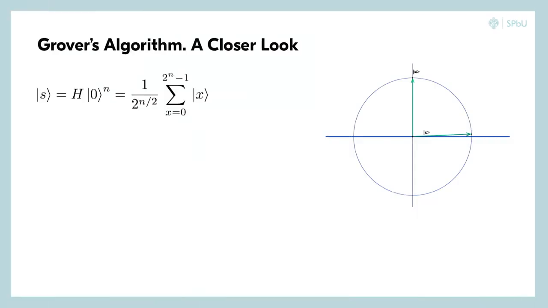Let us take a closer look at Grover's algorithm. The first question we might ask is why we choose this vector S as an initial state.